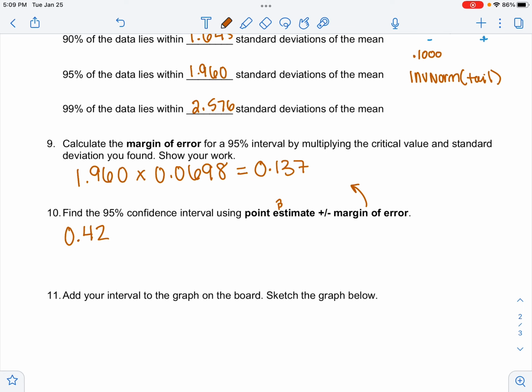Mine's 0.42 plus or minus my margin of error, 0.137. And so what you're going to get is a range, right? Like a low number and a high when you do both the plus and minus. 0.42 minus 0.137 is 0.283. And 0.42 plus 0.137 is 0.557.